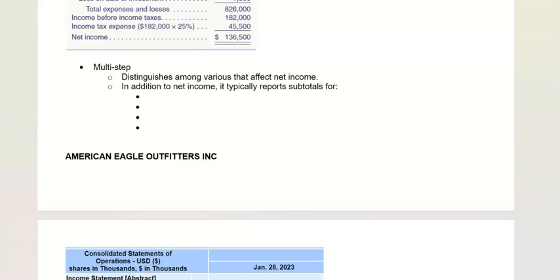Typically it reports subtotals for gross profit, sales revenue minus cost of goods sold, operating income, or gross profit minus operating expenses, non-operating income or loss, then income before taxes. And of course, following income before taxes, the next total would be your net income.